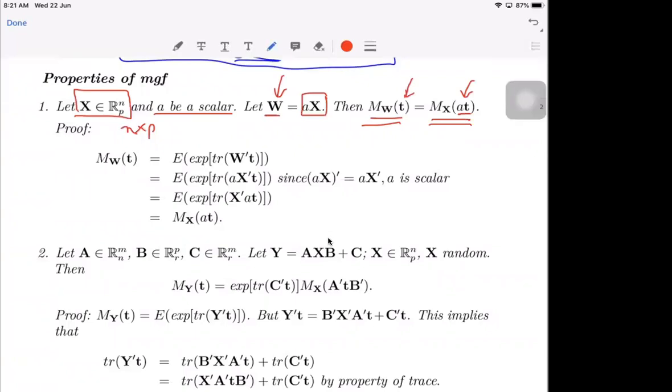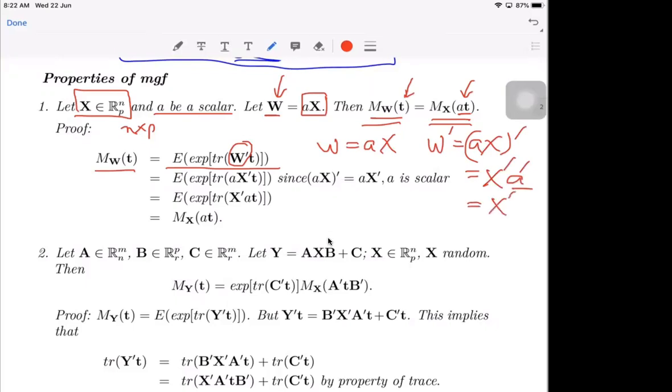To show that, by definition the moment generating function is the expectation of the exponential of the trace of W prime t. Then you substitute W, which is aX, so W prime is (aX) prime. By definition of primes this is X prime a prime, but a is just a scalar, so it's just a X prime.